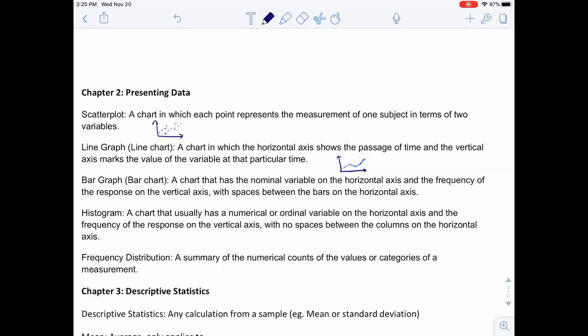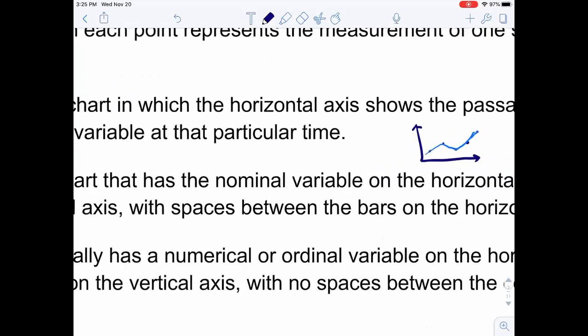In fact, do what I want. I'm going to change this from nominal variable to just a categorical variable. I know the textbook said that for an ordinal variable you're going to use a histogram, but I disagree with that.